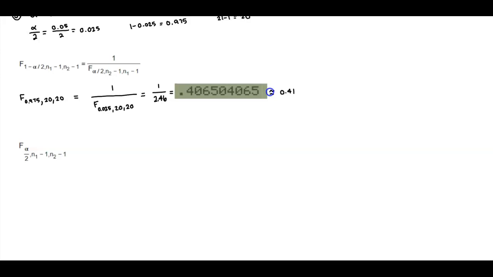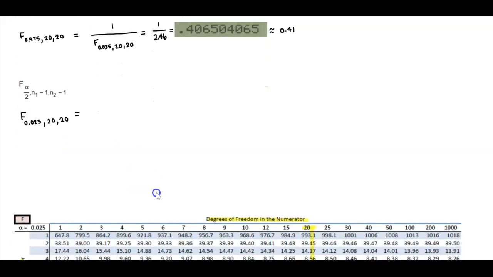Okay, so now we want to find the next one, which is F sub alpha divided by 2. We know alpha divided by 2 is 0.025, the degrees of freedom in the numerator is 20, and the degrees of freedom in the denominator is also 20. So let's find that value.